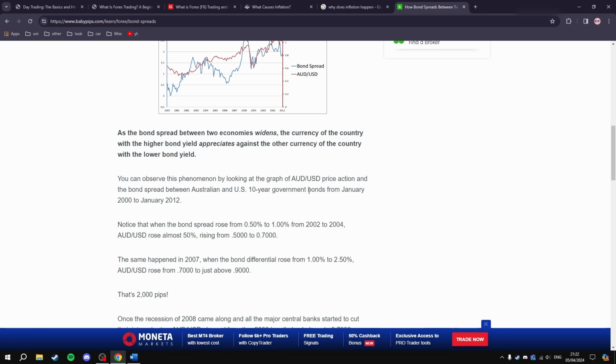If the price is going up, that means you would need more USD to buy 1 AUD, which means AUD is appreciating or strengthening against the USD. So AUD is the one with the higher bond yield, whereas USD is the one with the lower bond yield. Is that right? Yeah, it should be.